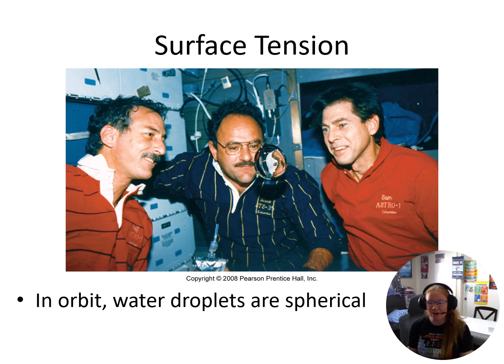All right, so in orbit, there's no gravity pulling on anything. And so if water escapes in orbit, it's spherical because it will come in on itself to reduce that area on the outside. And so we have to think about two different things going on here, things called adhesive forces and cohesive forces.